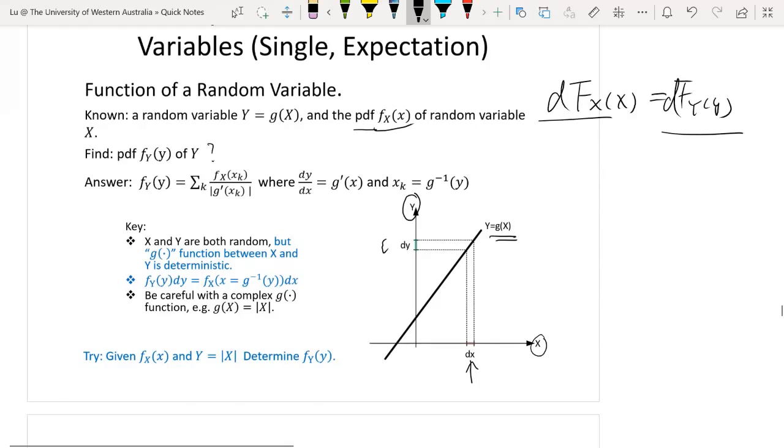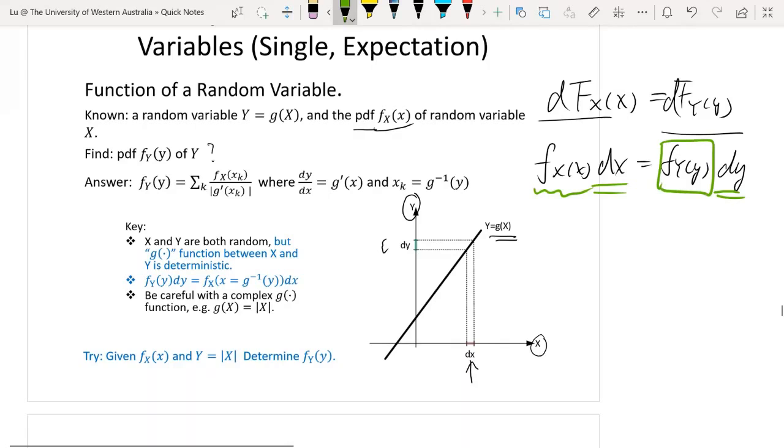Such a thing can be converted to f_X(x) dx equals f_Y(y) dy. In this case here, dx and dy have already been given in the graph.